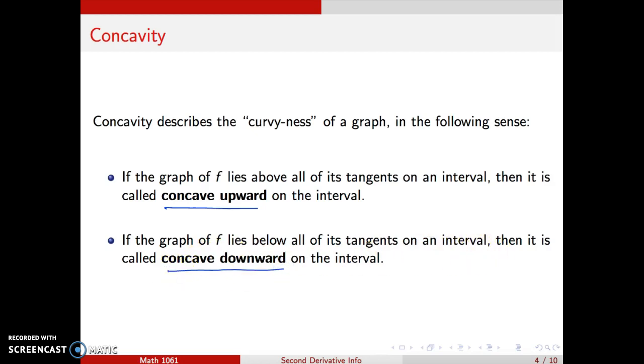So what that would look like, just generically, let's say we've got something like, I don't know, a nice function like that. Here, this would be about where it's concave up.